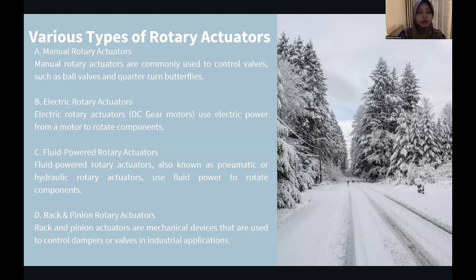C. Fluid power rotary actuators. Fluid power rotary actuators, also known as pneumatic or hydraulic rotary actuators, use fluid power to rotate components. D. Rack and pinion rotary actuators. Rack and pinion actuators are mechanical devices that are used to control dampers or valves in industrial applications.